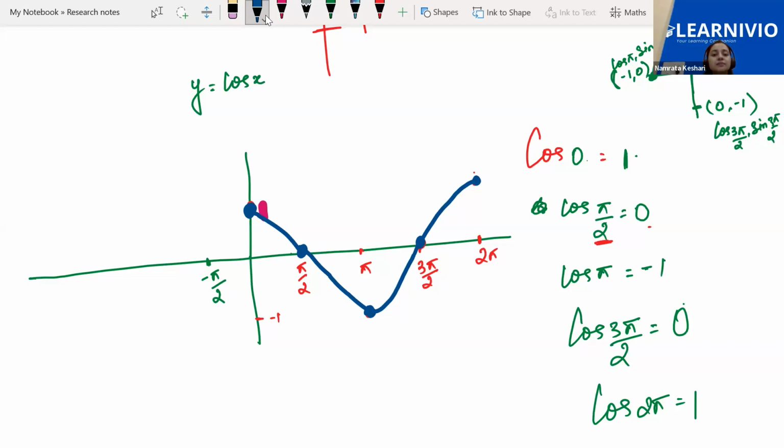So at pi by 2 the result is 0, at minus pi by 2 also the result will be 0. Now cos of minus pi will be the same as cos pi, that is negative 1.